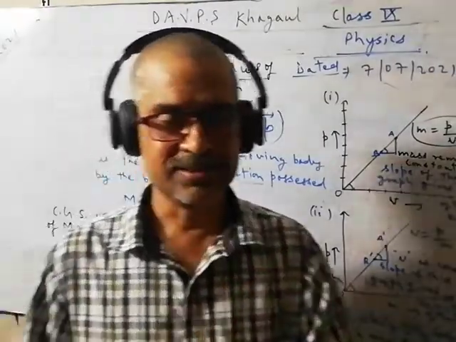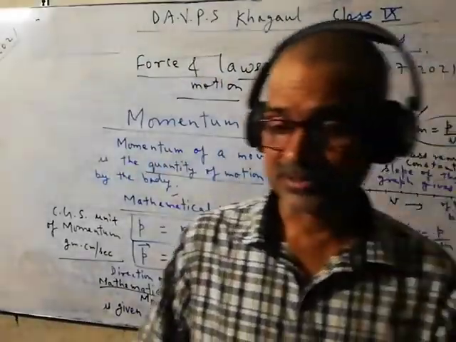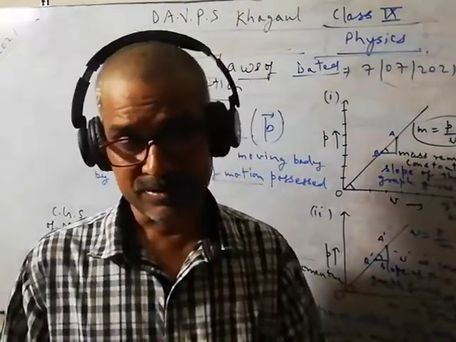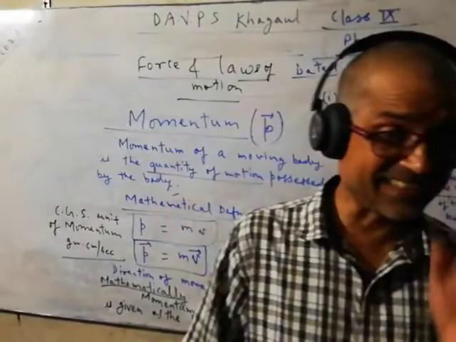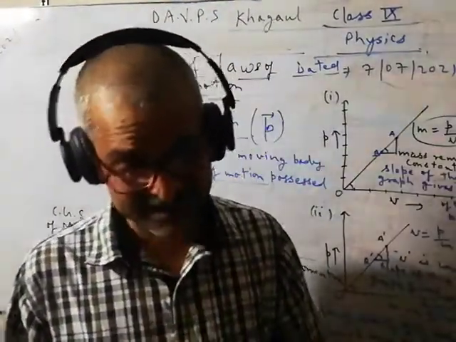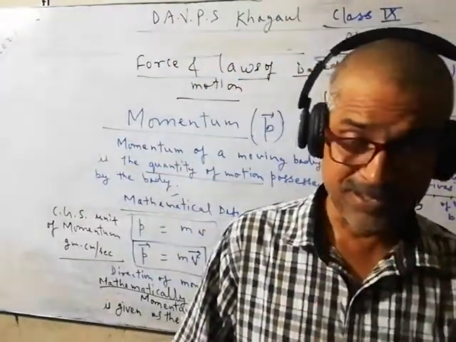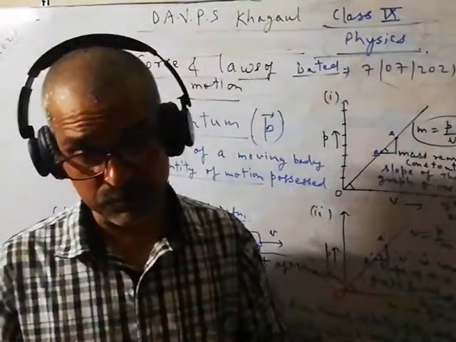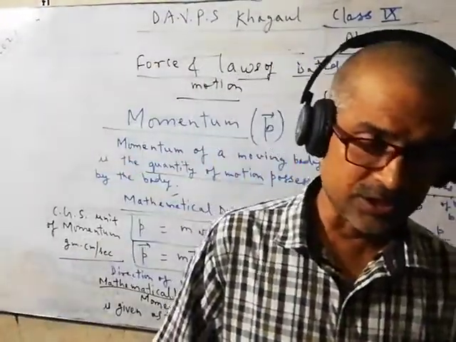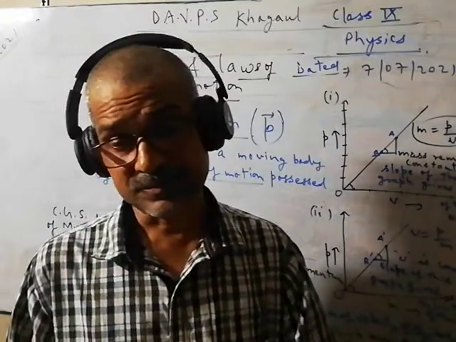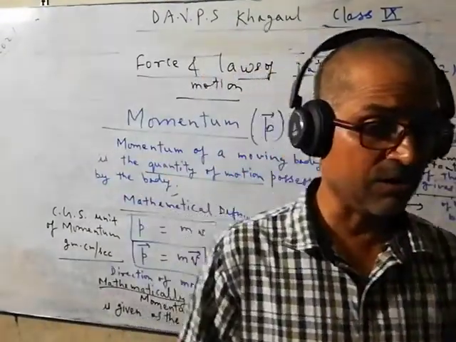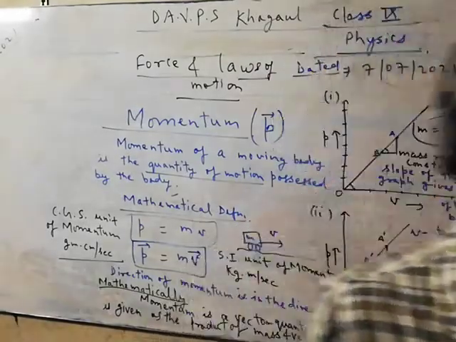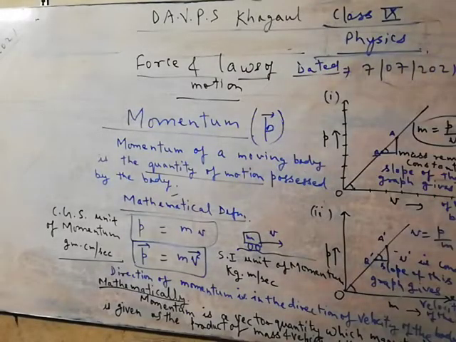Now, what is Newton's second law of motion? The rate of change in momentum of a body is directly proportional to the applied force and is in the direction of the force. This is the statement of Newton's second law of motion.